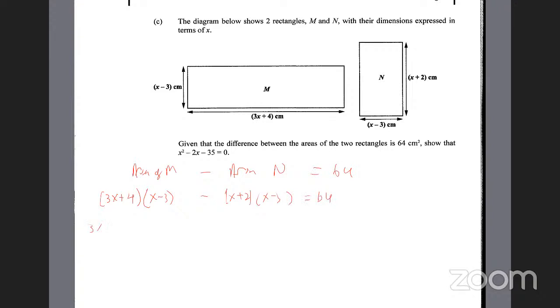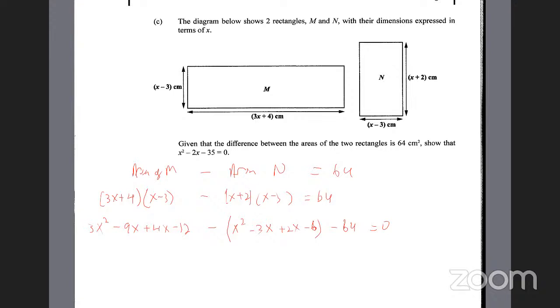Here you will get 3x squared minus 9x plus 4x minus 12 minus, I put in a bracket here because I don't want to get the signs wrong. So that'll be x squared minus 3x plus 2x minus 6. And I bring across the minus 64 because if you look at the answer, it's equal to 0.